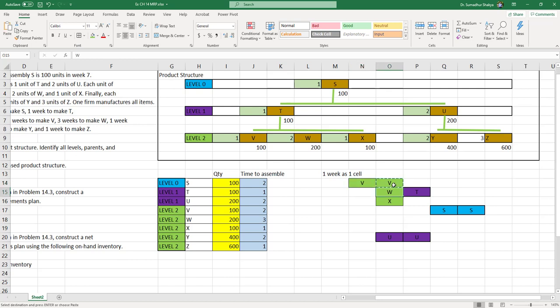W requires 3 weeks. X requires 1 week, so that's okay. Now for every U, I need Y and Z. Y and Z. And Y requires 2 weeks. Z requires only 1 week. Yeah. So let's look at what we have so far.